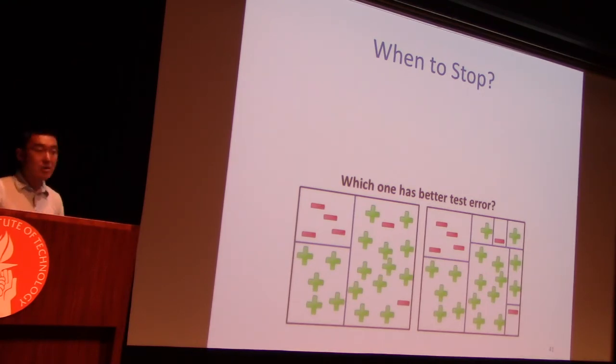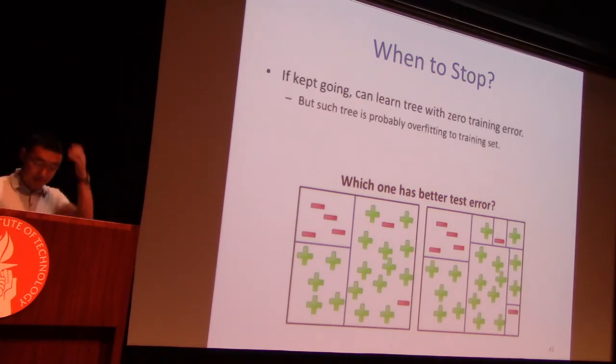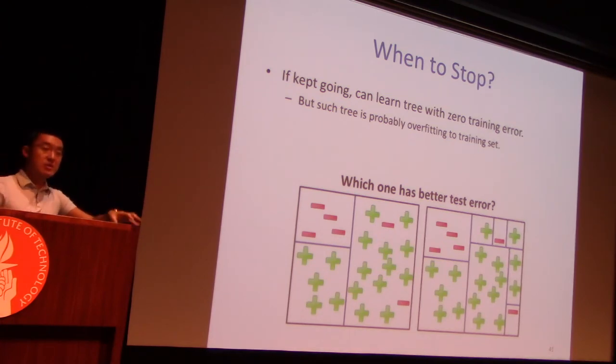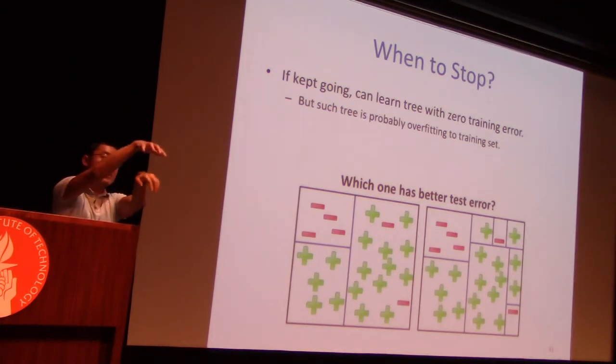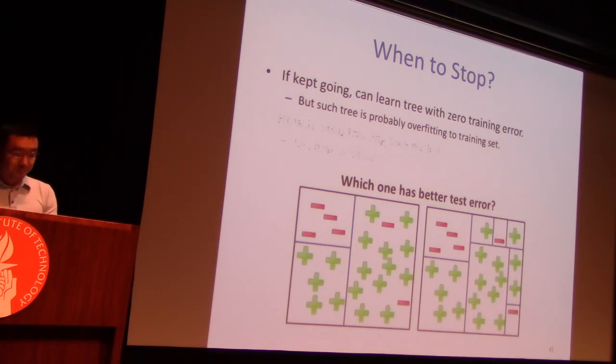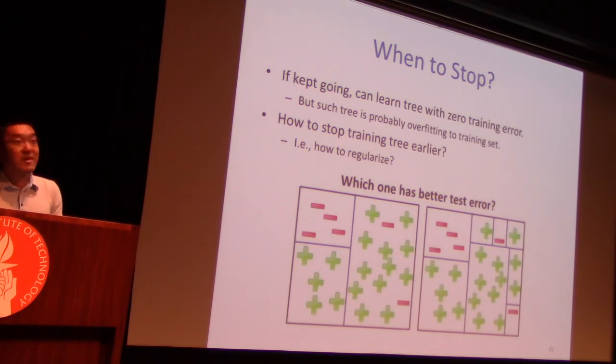But how do we more systematically determine when to stop? If we kept going, we could always learn a decision tree with 0 training error, unless 2 examples were exactly superimposed on top of each other. Such a tree is probably going to be overfitting. So, how do we regularize decision tree training?